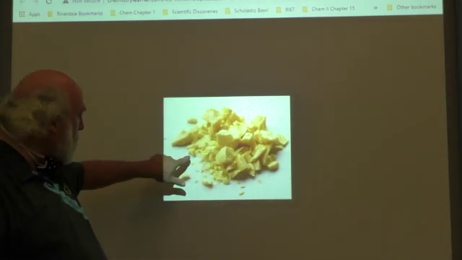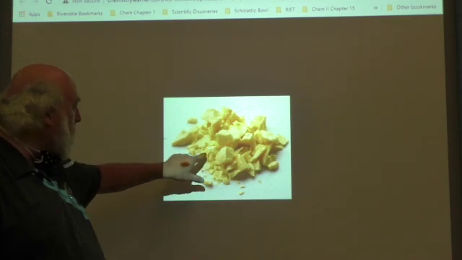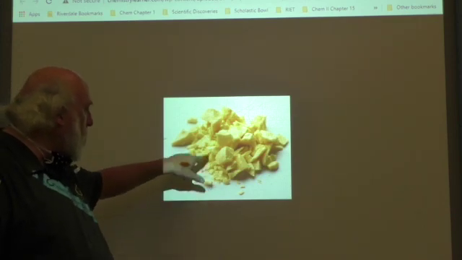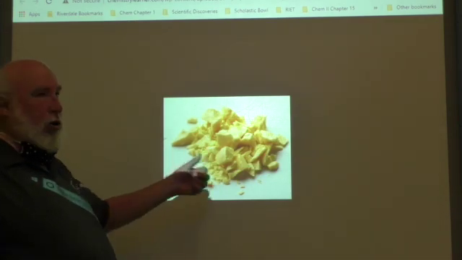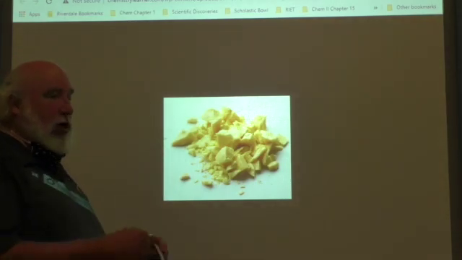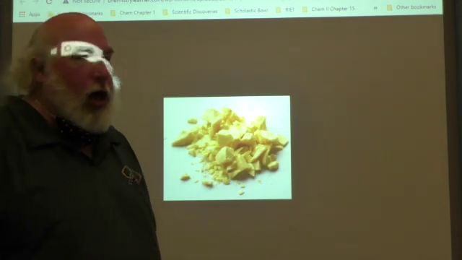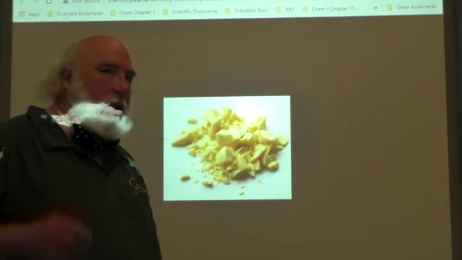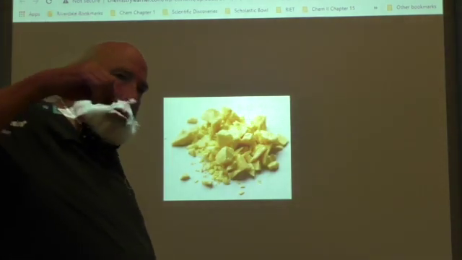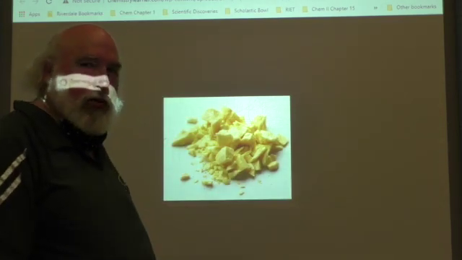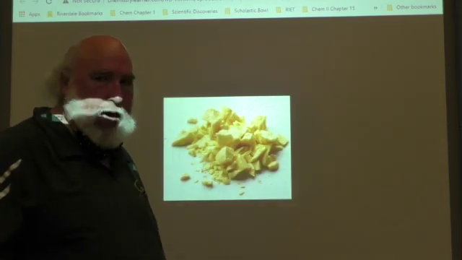In fact, if you look real close, you see it's kind of a powdery form of sulfur around there. So this is very brittle. If I were to take this and throw it against the wall, it would shatter into 1,000 pieces. If I take a gold and throw it against the wall, not only will it not shatter, but people are going to kill each other just to try to get that piece of gold that I let loose. So that's not going to happen.